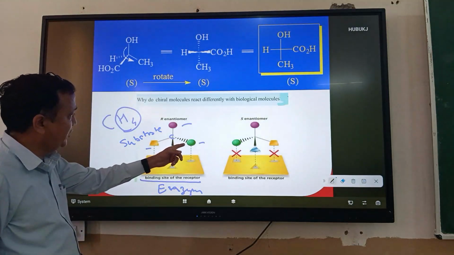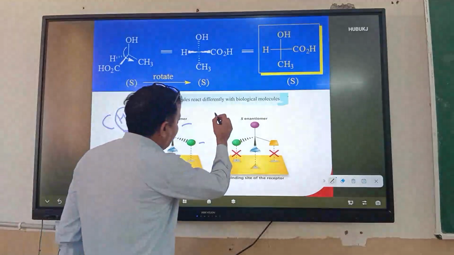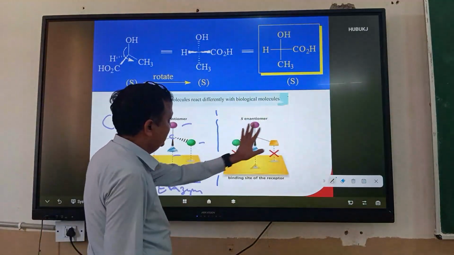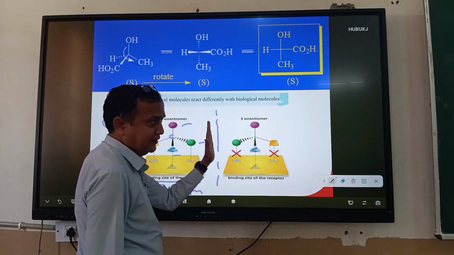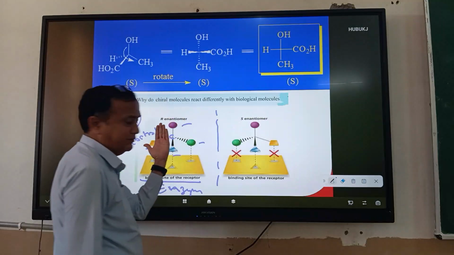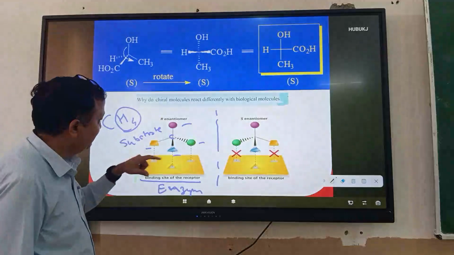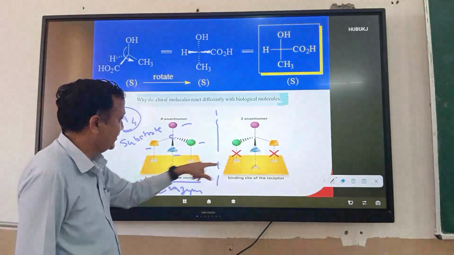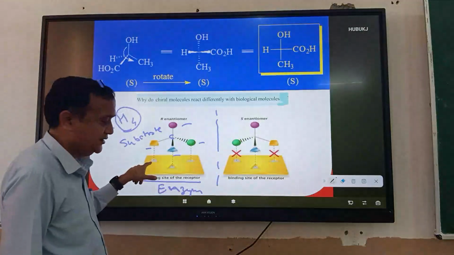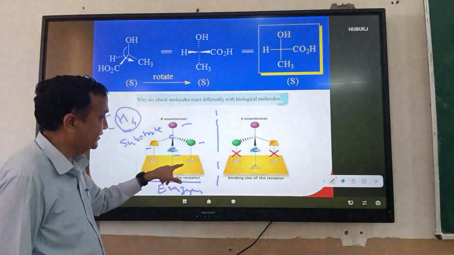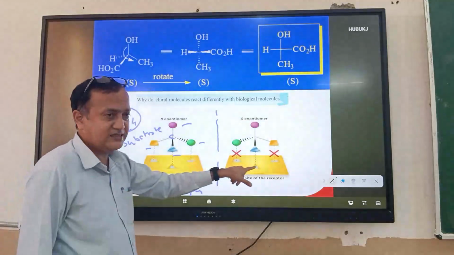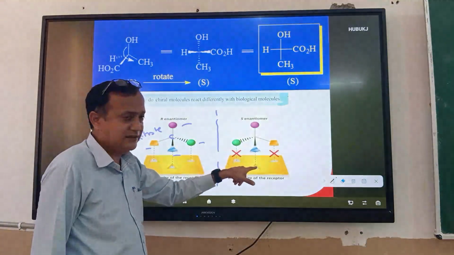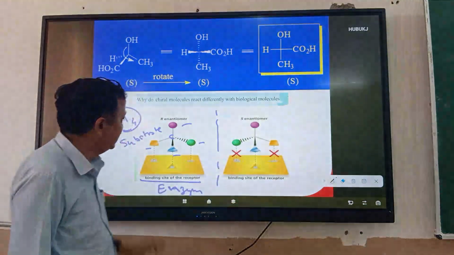Here, this molecule is the mirror image of this. If you put a mirror here, its image will be formed here. The enzymes are the same: a scale is there, a triangle is there, a circle is there.